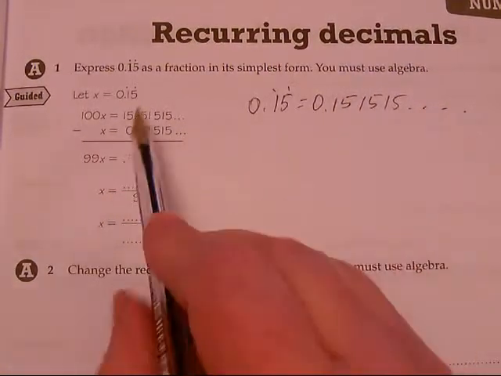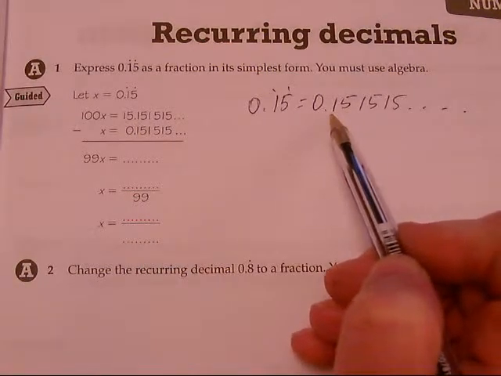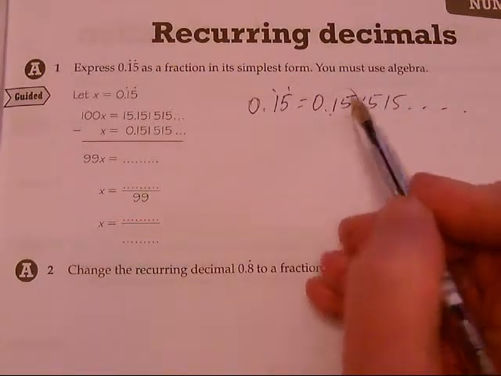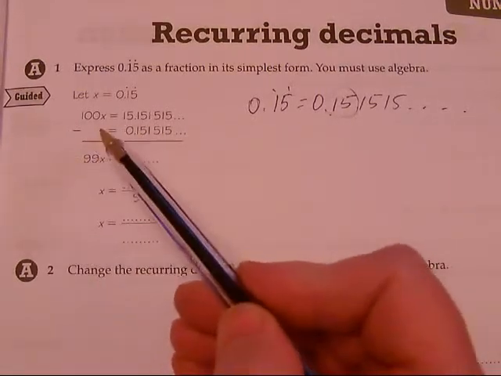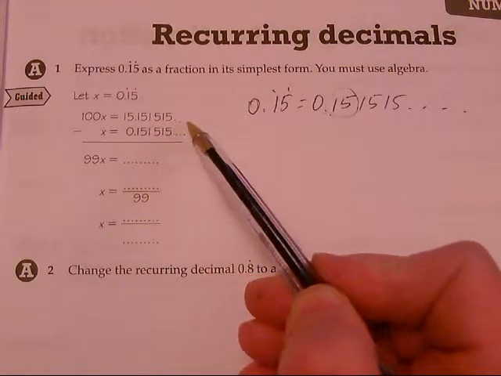And so if we multiply our recurring pattern by 100, we'll move the recurring digits over the decimal place. Look, 100x will be 15.15, 15, 15, and so on.